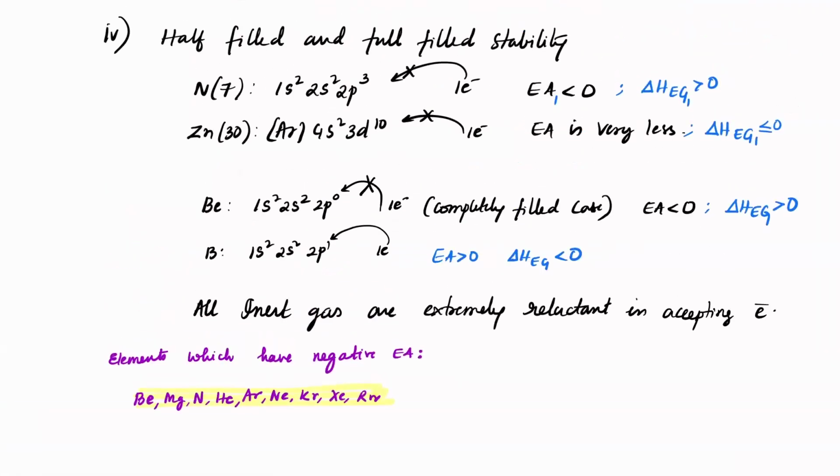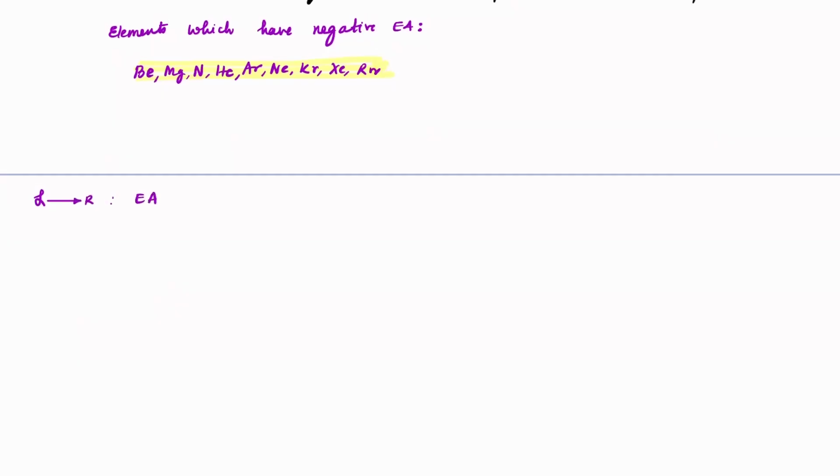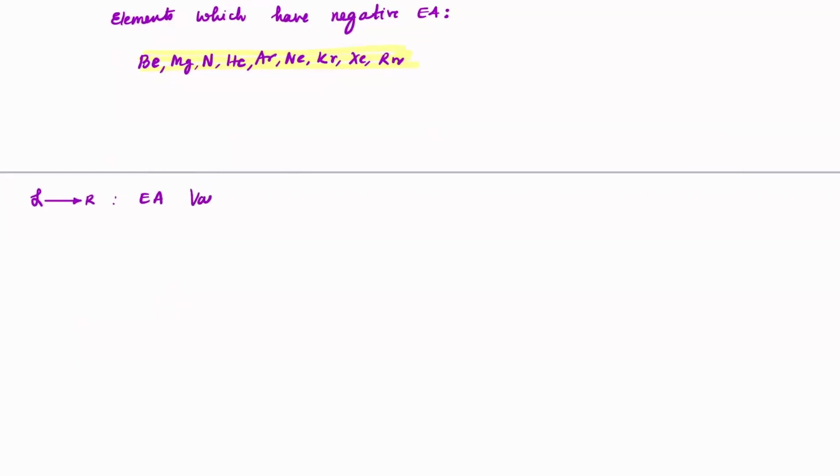Done. Right. Now notice this one. If you go from left to right in the periodic table, electron affinity variations, if you notice, first, lithium is less than boron, is less than carbon, is less than oxygen, is less than fluorine.